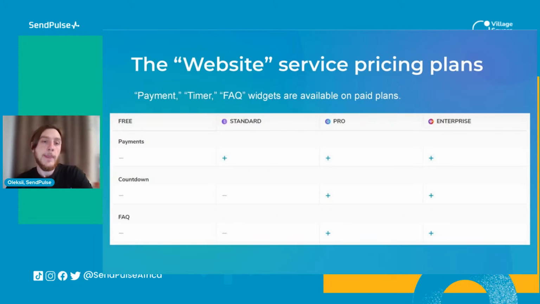As you see, you will not be able to accept payments if you use our free version, and countdown as well. Actually, these are the only two things that you won't be able to use with standard. That is why we suggest you to start with pro.